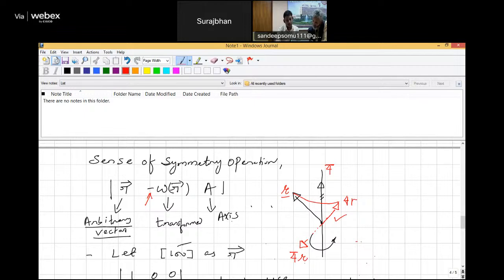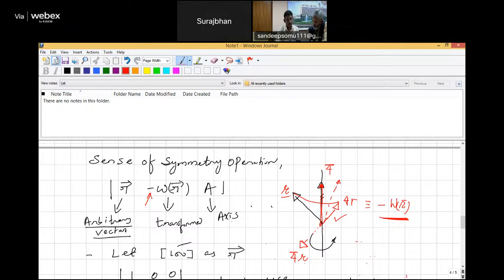And then, of course, the last one is the axial vector, this vector here. So he is now looking at these three vectors: R, minus WR, and A. If you take the cross product of R and minus WR, it will be in one direction.